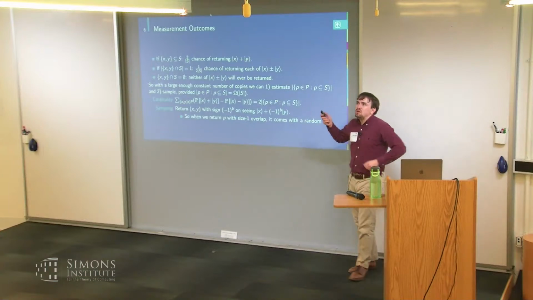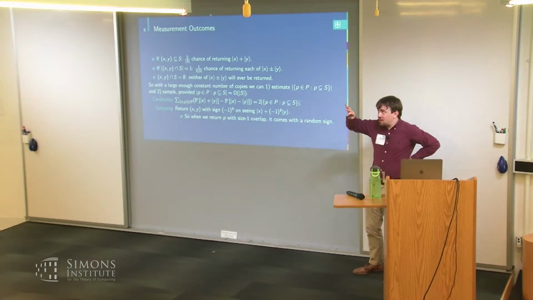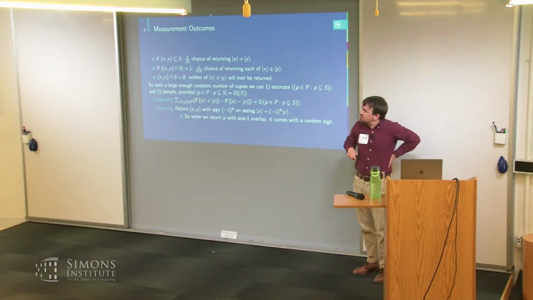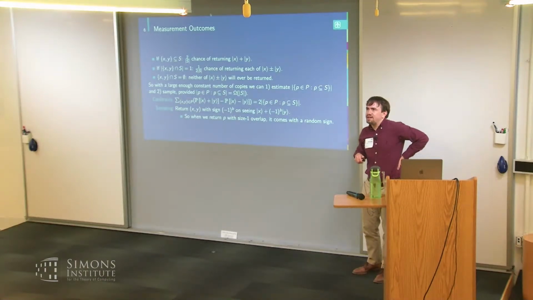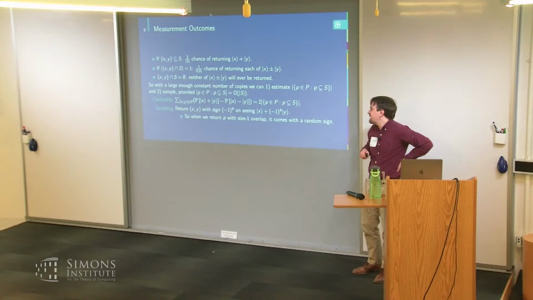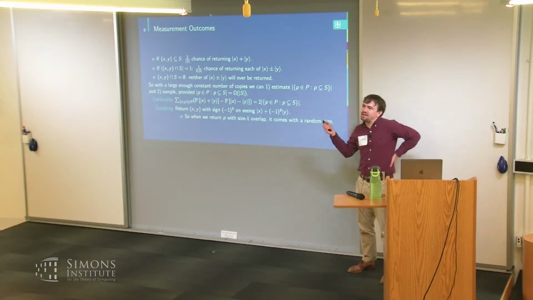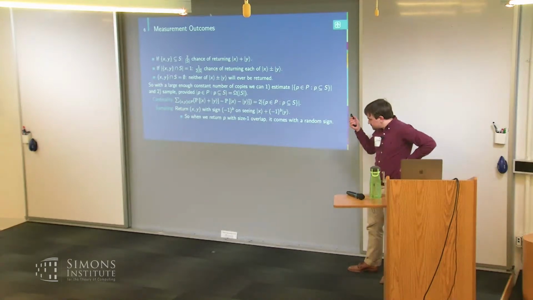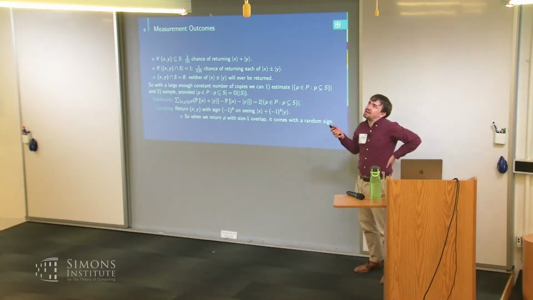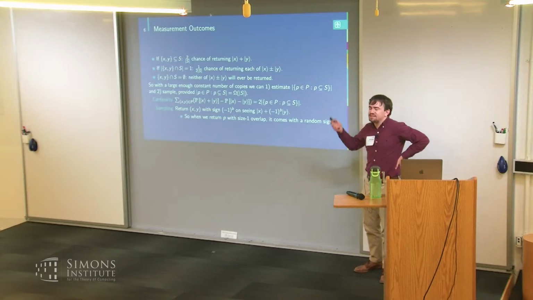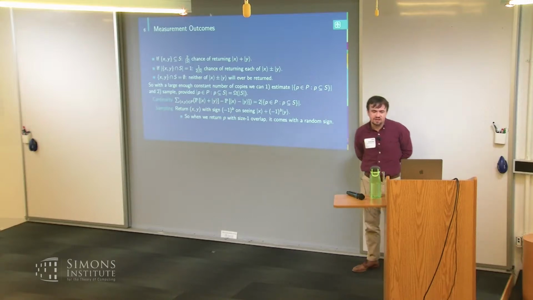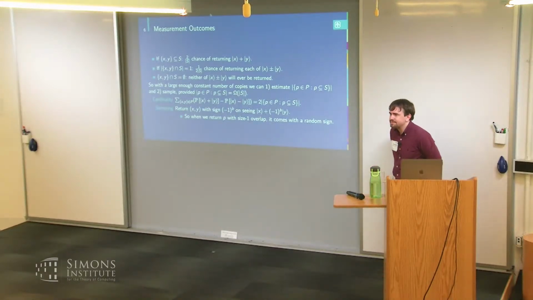In general, up to some stuff about floors and ceilings that are still open, it's n to the 1 minus 1 over k complexity to sample size k tuples classically, and n to the 1 minus 2 over k in the quantum setting. Thanks, that's very informative.